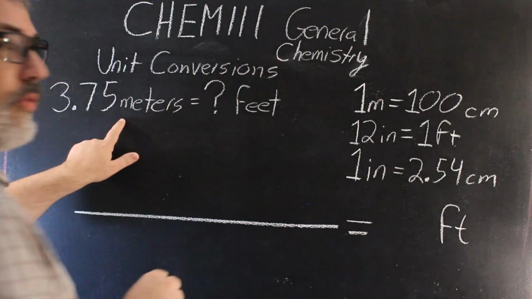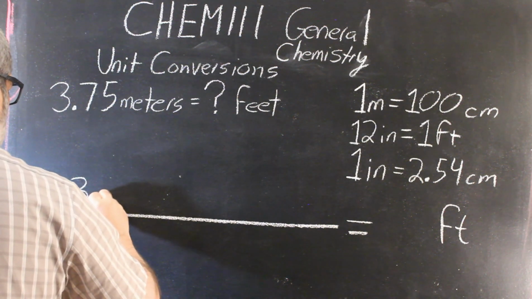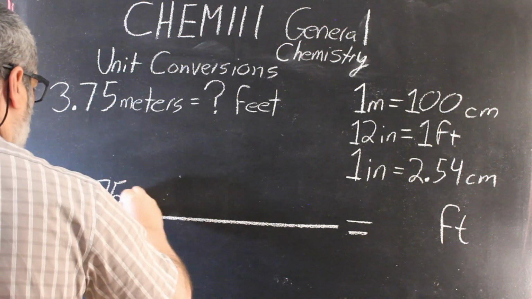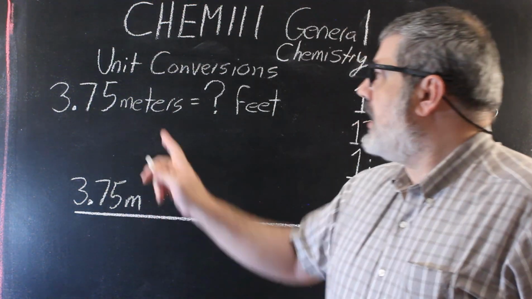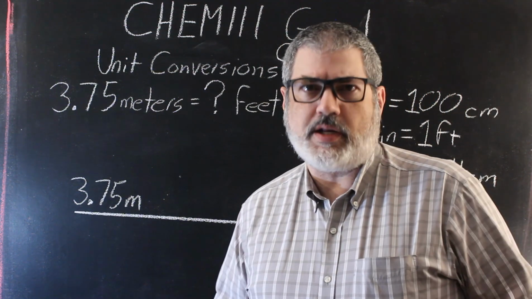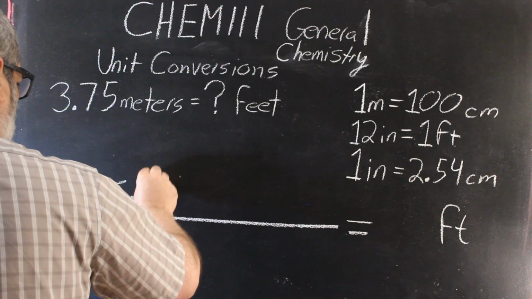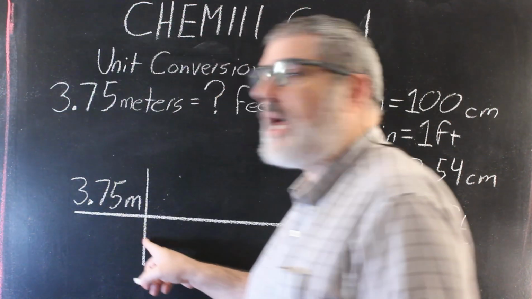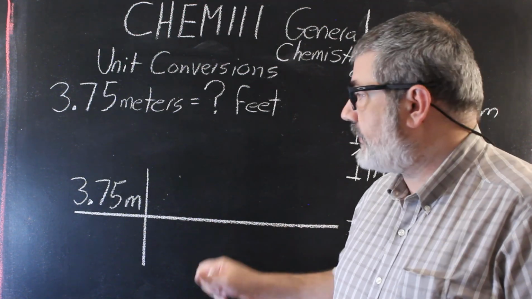Well, 3.75 meters. The little m is the abbreviation for meter. You can write it out or use the abbreviation, and we're going to be using the abbreviations a lot. Now, you draw a line here, and this is to differentiate between the next term.